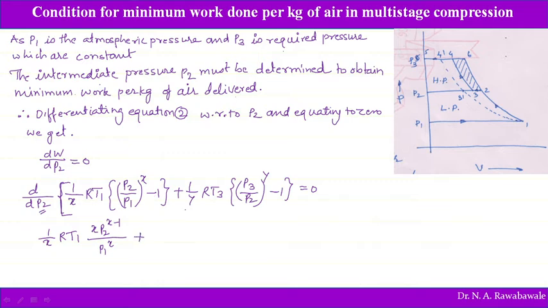Plus this term is constant, 1 by y R T3, P3 to the power of y is treated as constant, so 1 by P2 to the power of y means P2 to the power of minus y. Differentiation of P2 to the power of minus y is minus y P2 to the power of minus y minus 1. The differentiation of the constant 1 is 0, and the whole is equal to 0.